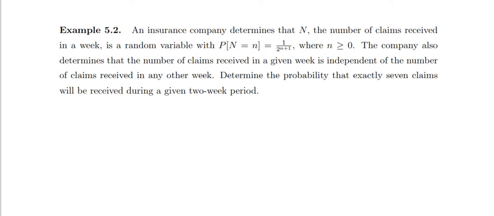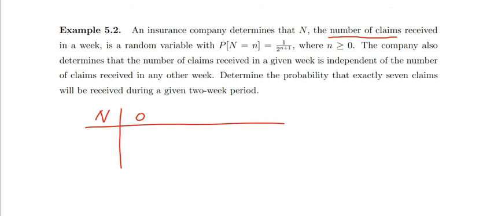Okay, so this example is quite the same. The number of claims can be any number. So this number of claims, this N, can be 0, no claim, 1 claim, or 2 claims, until infinity, right? So the probability that N equals this.